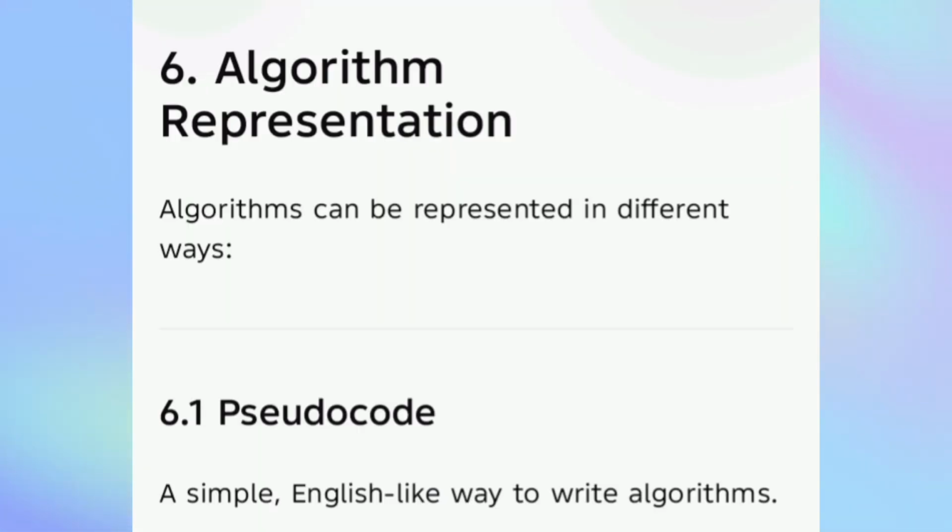Algorithm representation. An algorithm can be represented in different ways. The first one is pseudocode, which is simple English, the way to write the algorithm.